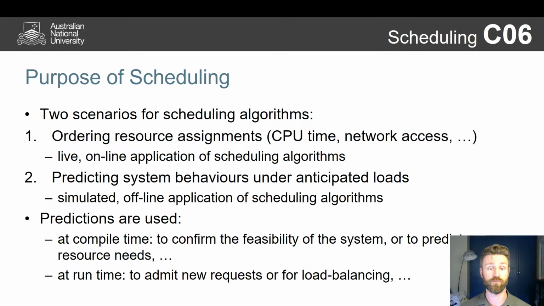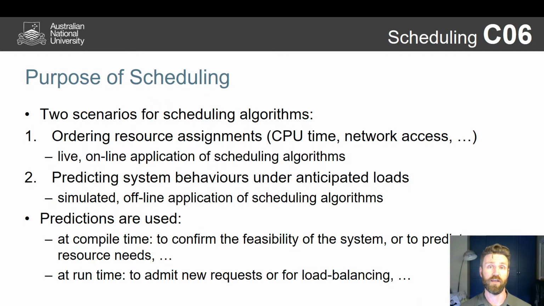Likewise, if we want to do the predictions at runtime, we can be constantly predicting and re-predicting on the fly at runtime. That might allow us to determine, for example, whether to allow new requests for resources or whether to move certain entities to other areas of the system. So, for example, you're Amazon, you operate a whole lot of servers.